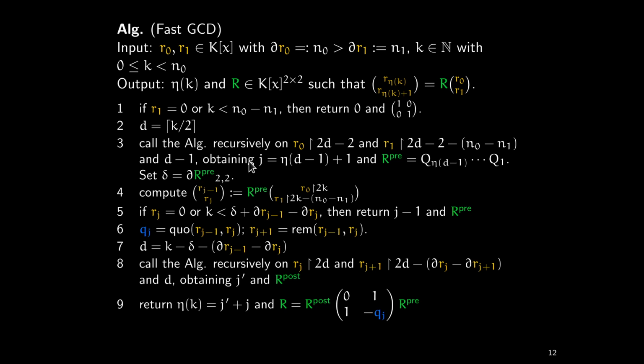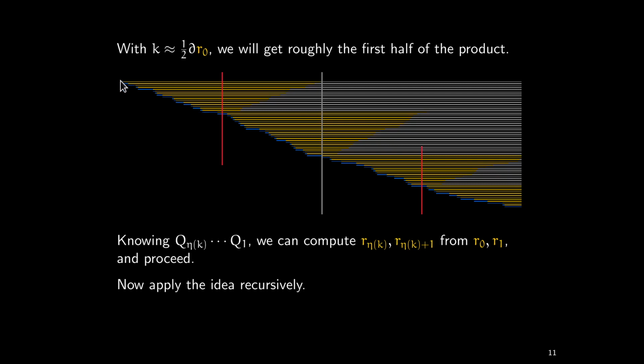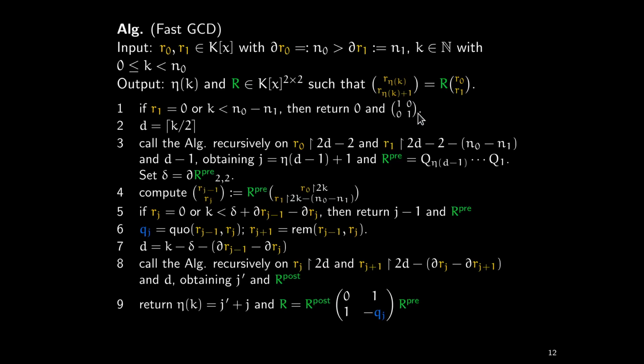And then at the end of the recursion, I get the R that moves me directly from here to there. And with this R, I will now proceed to compute this part. So there's again a matrix multiplication, matrix vector multiplication. And okay, I fetch a degree of this R. So that's details.